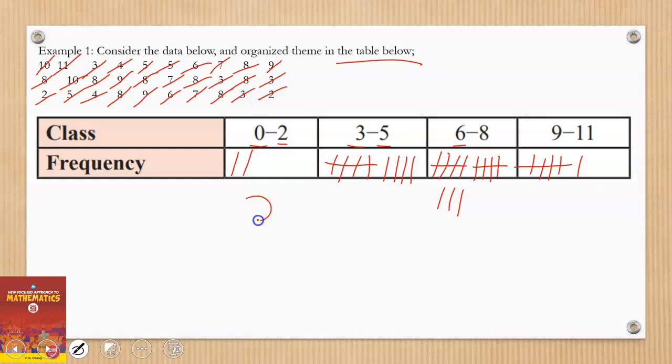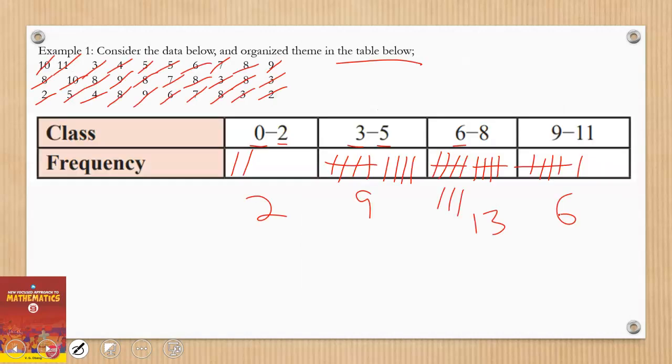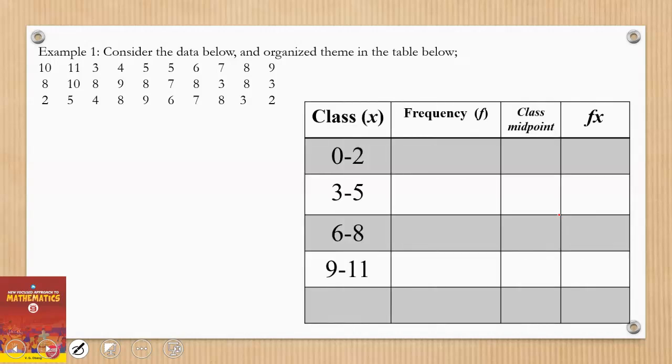So we have 2, 9, here is 13, and here is 6. Now we can put that into this table and say the frequency for the first one is 2, 9, 13, and then 6. So that becomes our frequency.